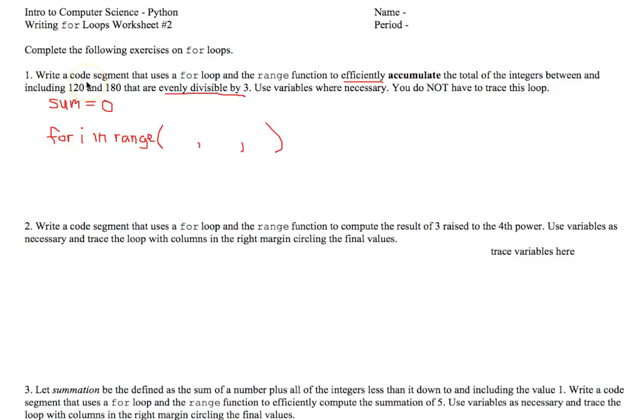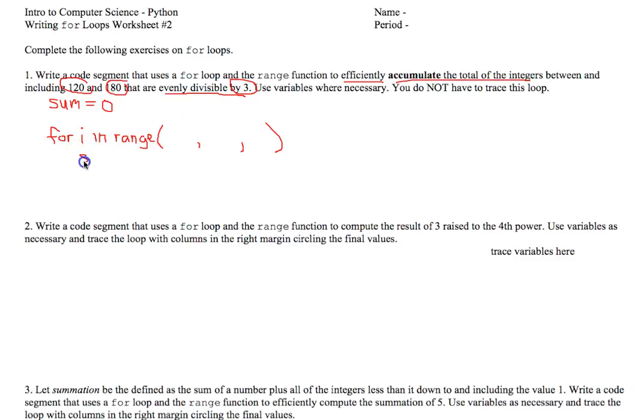I have the numbers 120, 180, and the fact that it's evenly divisible by 3 should help you fill in those 3 blanks. Now what is it that you're doing in the body of the for loop? You're accumulating a running total.